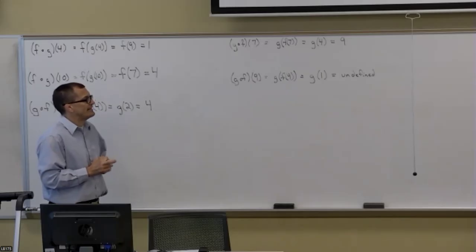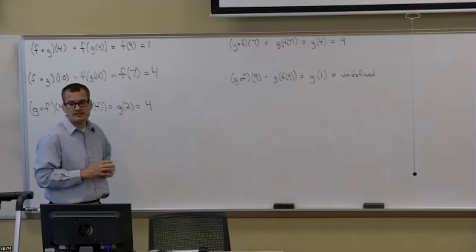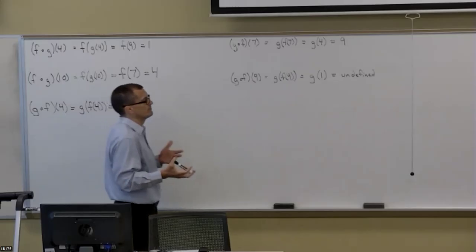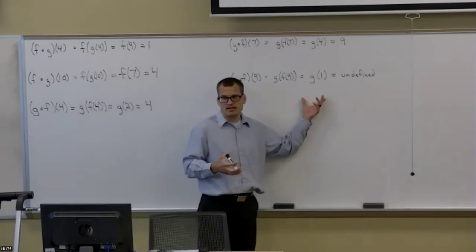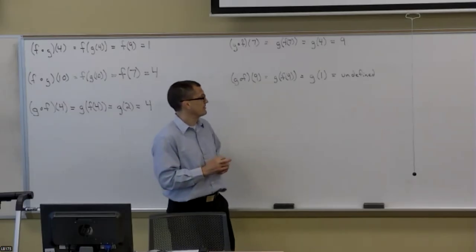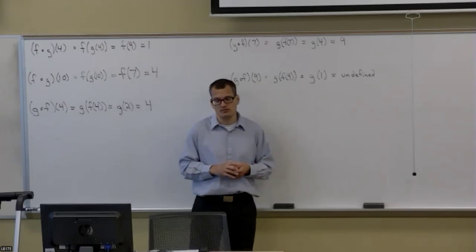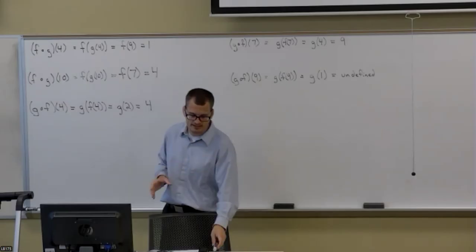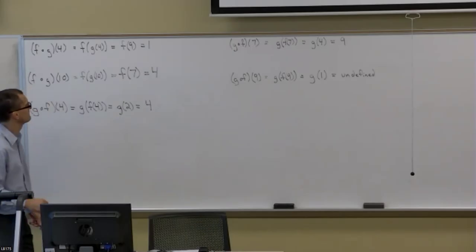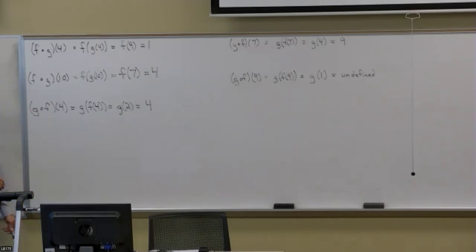Our slide did not tell us where g sent 1, so we don't know. And so that one's undoable at this stage. There might be some underlying function that we don't know, but at this stage, it's undefined. Okay. But there you go.